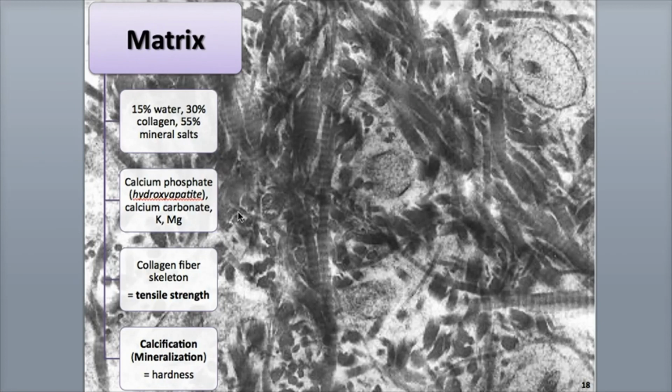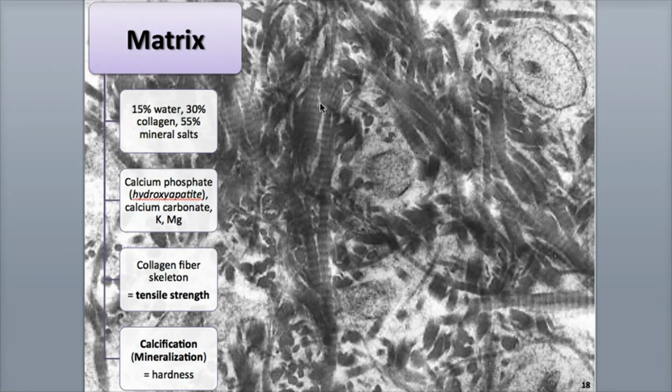It often combines with calcium hydroxide, another salt, to form another crystalline substance called hydroxyapatite. As these salts form, they combine with other mineral salts, including calcium carbonate, as well as potassium and magnesium ions.